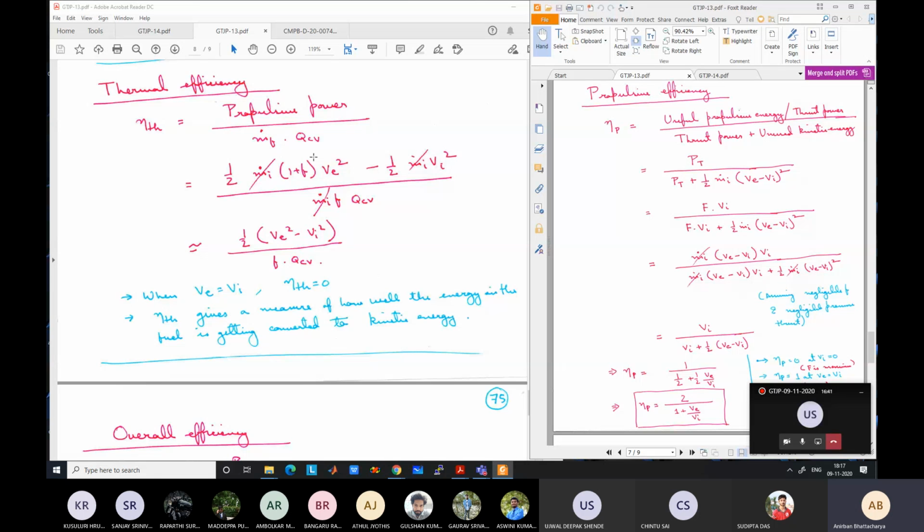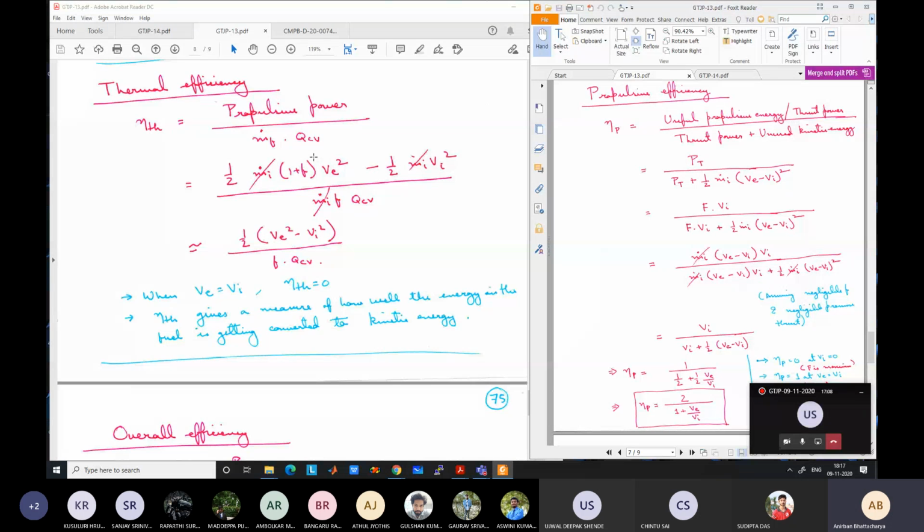One part is used in the turbine to generate work, which runs the compressor, and the rest of it is used for increasing the kinetic energy. So when we see the efficiency of the engine, we see how efficiently the fuel energy has been converted to increase the kinetic energy of the exhaust gases.